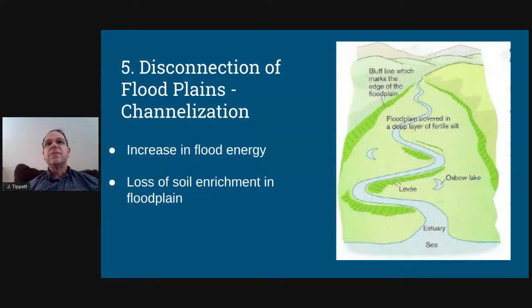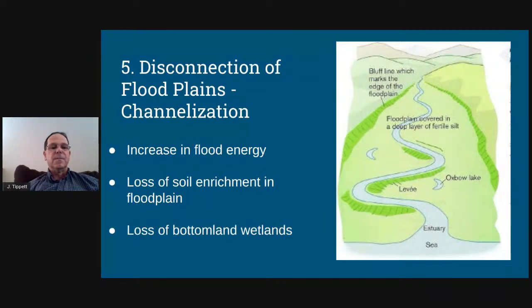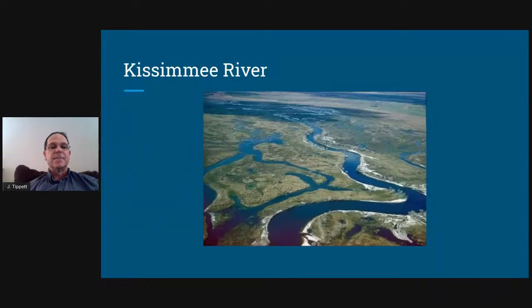Well, all river floodplains are like that. They're very fertile because of floodwaters bringing in fertile sediment. But when you disconnect a river from its floodplain by straightening it, by building levees or embankments along the side, the river can't do that. And so you lose all the benefits of good soil, and you lose the wetlands. And we just talked about the benefits of wetlands.